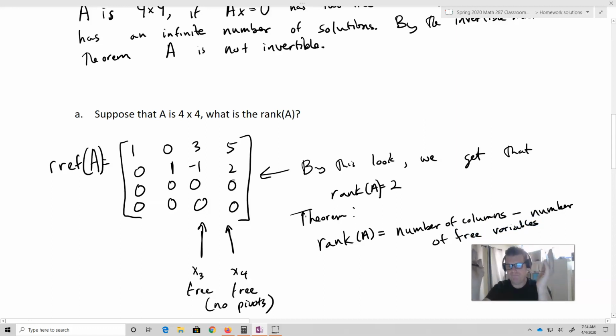You've got a number of variables, like in this case, you've got 4 variables. You say, okay, 2 of them are free. That means that 2 of them are not free, and those are the ones that are going to be defined, that we end up with x equals something when we find the parametric solution. And so consequently, 4, the number of columns, minus the 2 free variables gives me the rank of A. There you are.